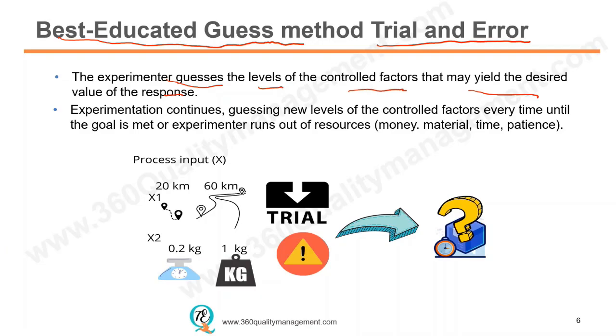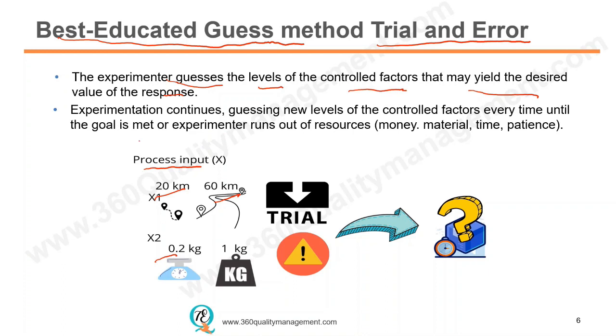The experimentation will continue, and you keep on guessing what the level is. For example, in this process input, is it route A or route B or route C? And also different weights in order to get the response.